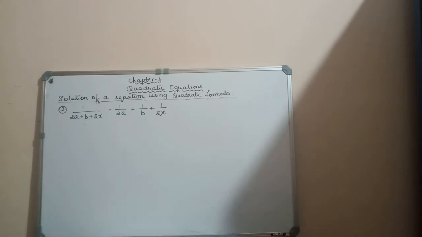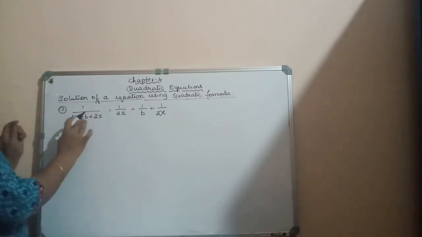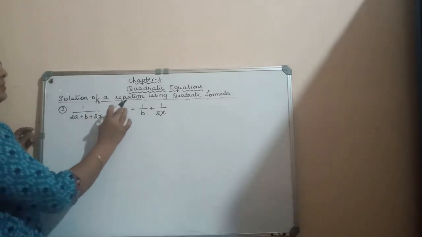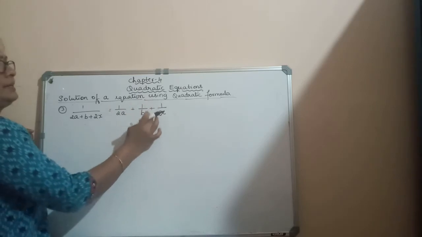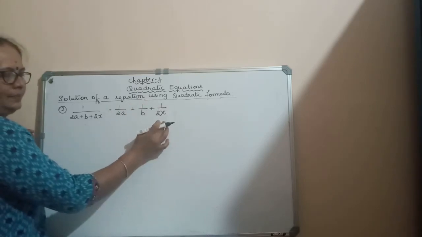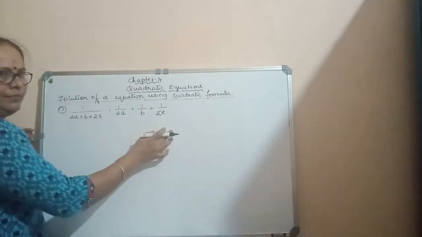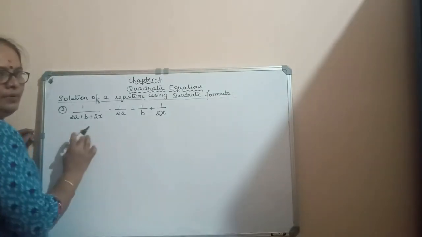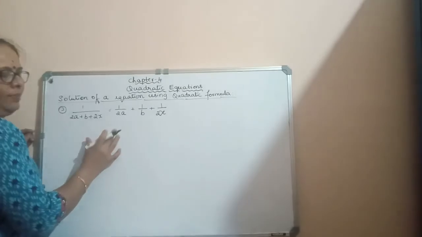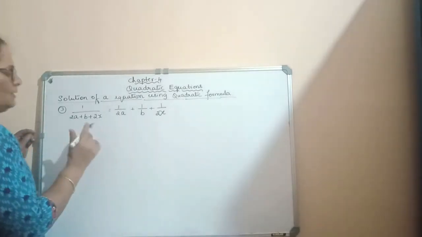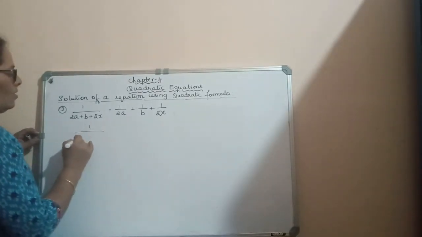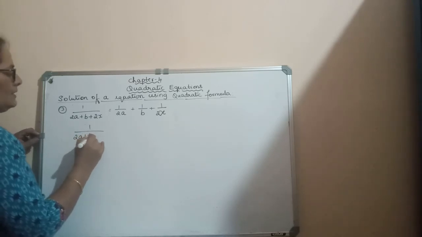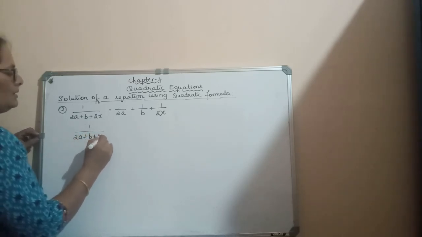Let us take one more example. 1 by 2a plus b plus 2x equals to 1 by 2a plus 1 by b plus 1 by 2x. Now, is it in quadratic form? No, it is not in quadratic form. First, you have to bring to quadratic form by rearranging the terms. So take all the constants to one side and remaining to the other side.